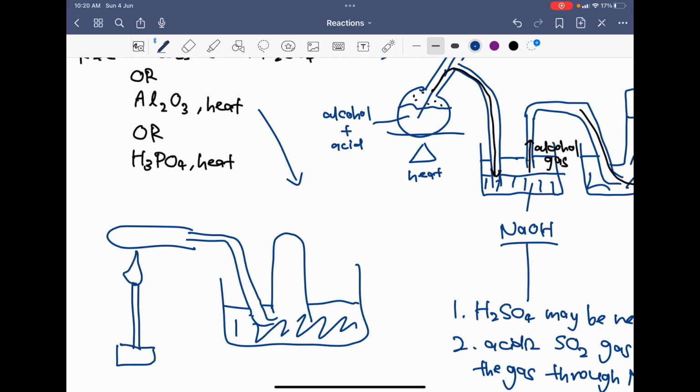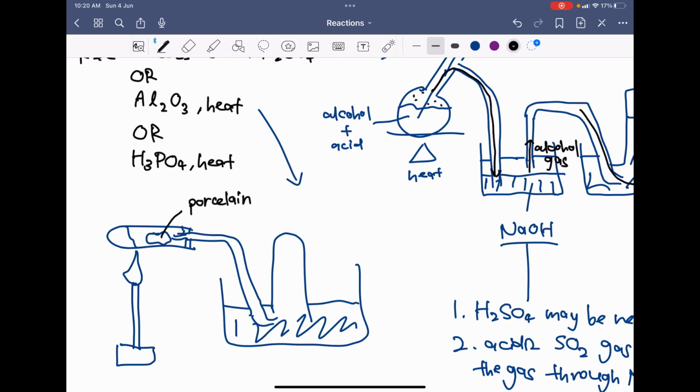We are gonna assume this is a Bunsen burner. Okay, so this is our rough setup here, and here are some porcelain chips.